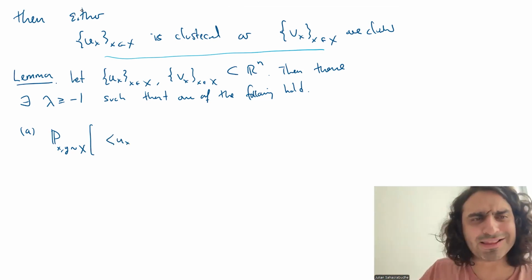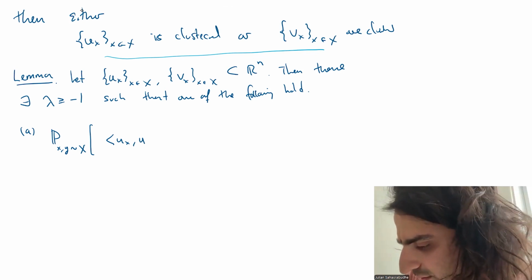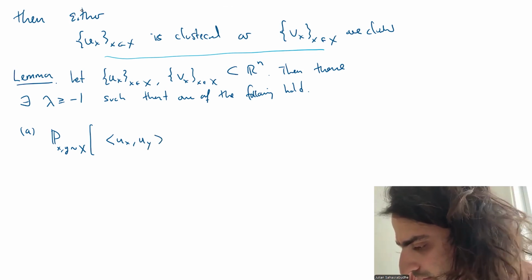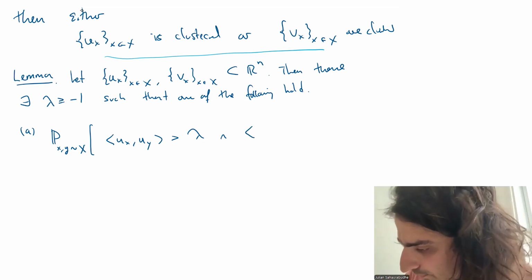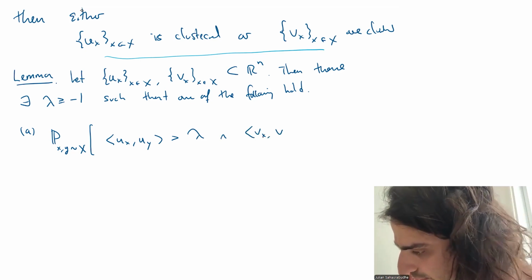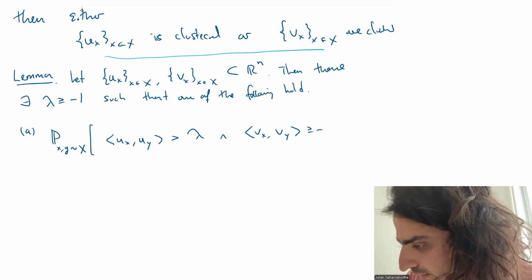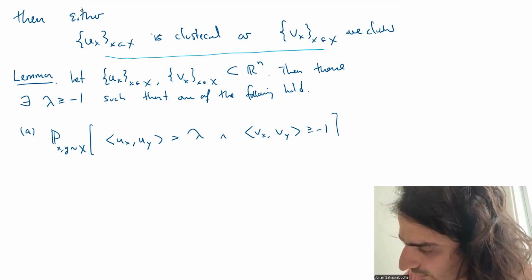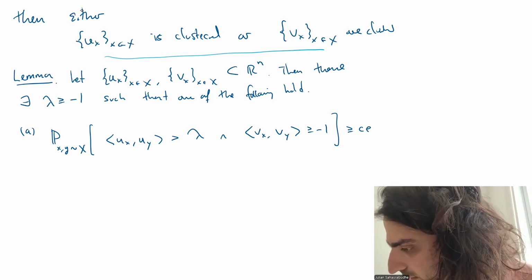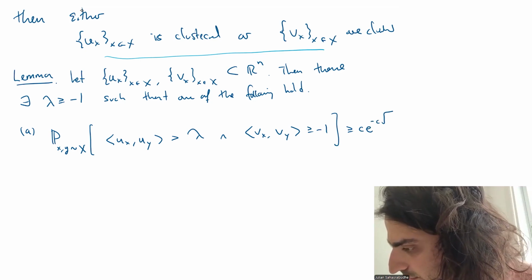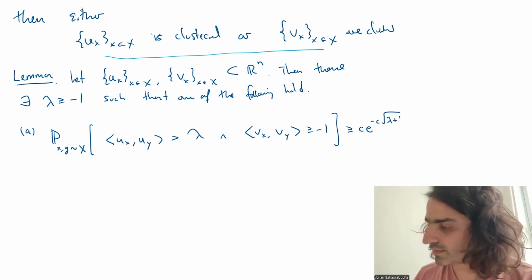I'll write this and then talk about it. Vx, Vy, it's this one, some constant e to the minus constant roots, plus 1.